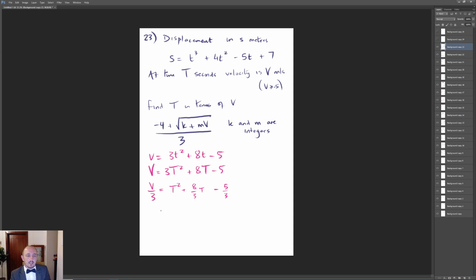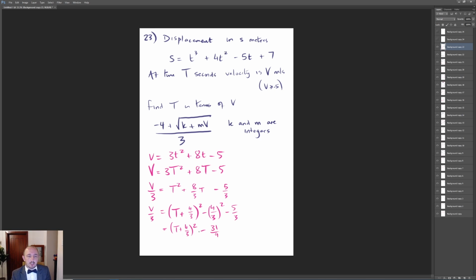And then I'm going to do my t, half the b term if you like, so 4 thirds squared minus 4 thirds squared, and then minus 5 thirds. So that's my v over 3. And this would become t plus 4 thirds squared minus 16 ninths minus another 15 is minus 31 ninths.